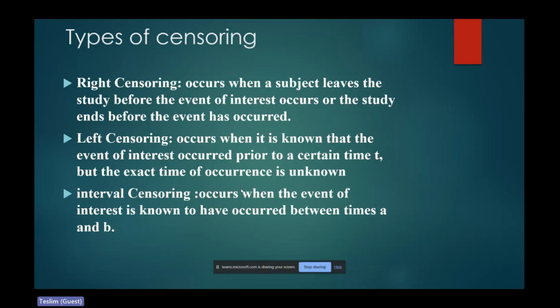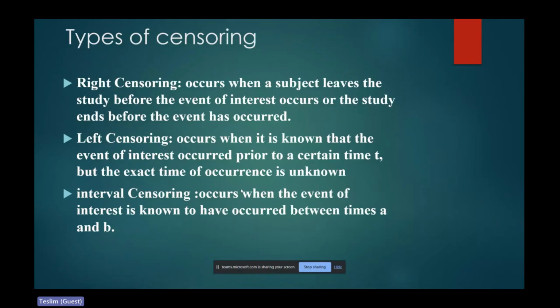But the interval censoring, you tested at age 20, you were negative, but at age 30, it became positive. So the time when the person contracted that particular disease is between the age of 20, where the person tested last, and the age of 30, when the person tested and found that he or she has that particular disease. Left censoring, let me come back again.